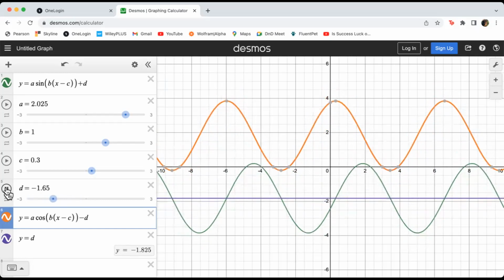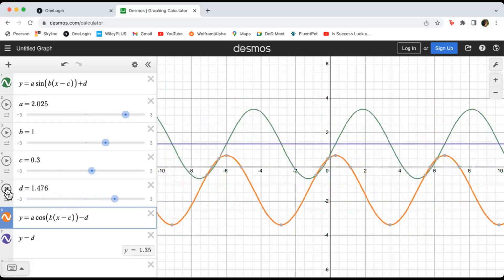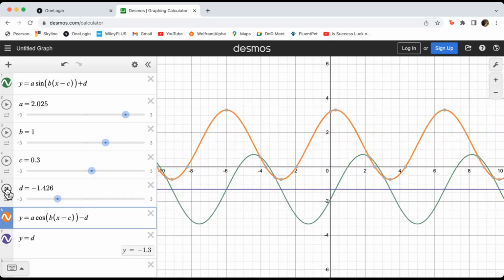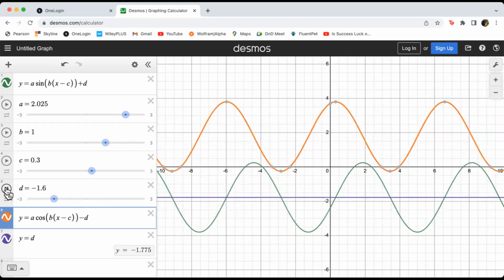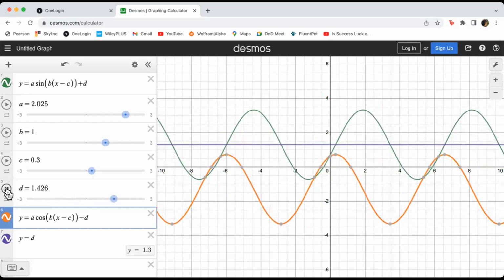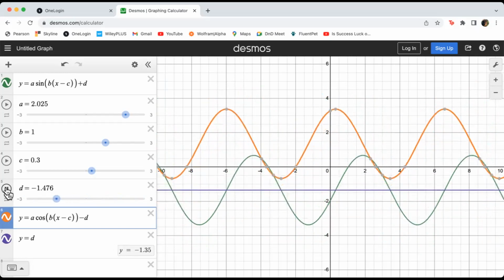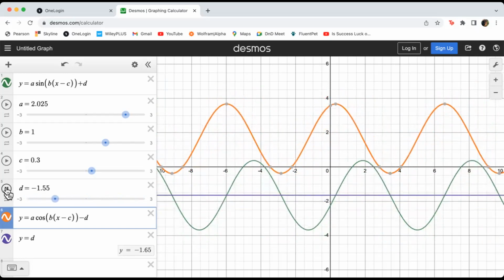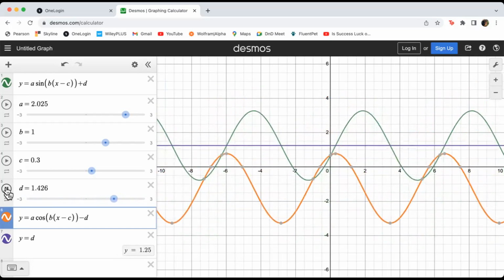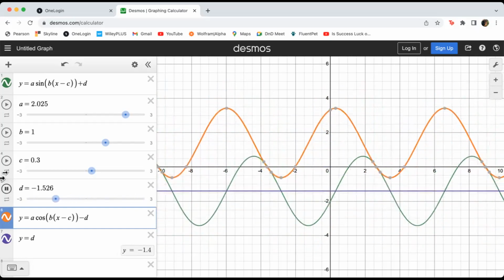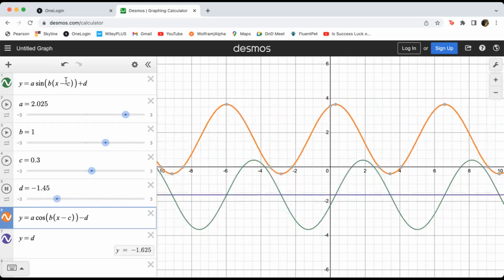So there's a couple of things that are going on here. One thing that's happening is we're shifting things, shifting up and down, shifting left and right. We're also stretching and compressing up and down, stretching and compressing left to right. So what causes stretching? What causes shifting? Well, let's just put all in, change this sign.